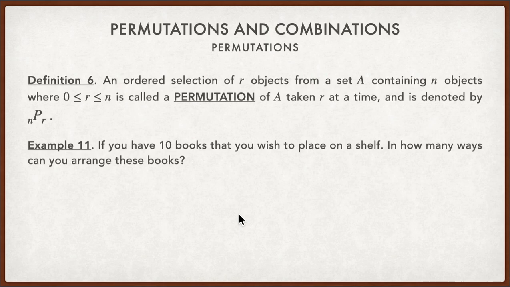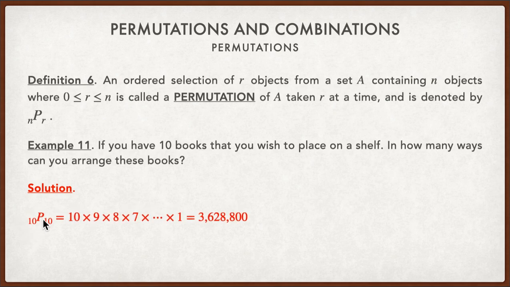And then next we have 8 choices, and then you have 7 choices. So actually the number of choices gets less and less. We call this 10P10 because we have 10 books and we're arranging all of them. We have 10 choices on the first part of the shelf, times 9 choices left because we already put a book in the first part, and then times 8.